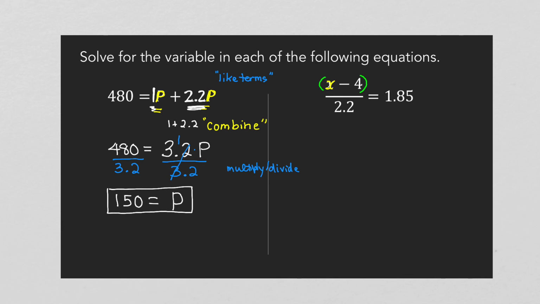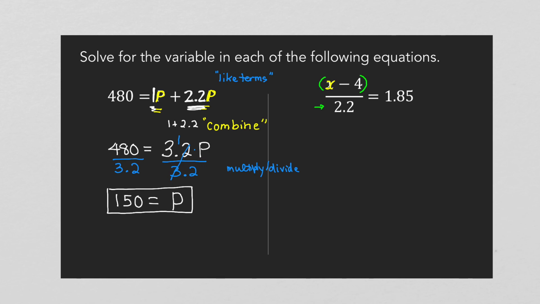The x minus 4 is all together in the numerator, or in other words, all of x minus 4 is being divided by 2.2. If this is the case, we want to first of all get rid of the 2.2 before we can get rid of that minus 4 in the parentheses. So we first have to deal with the outside portion, which is the 2.2.